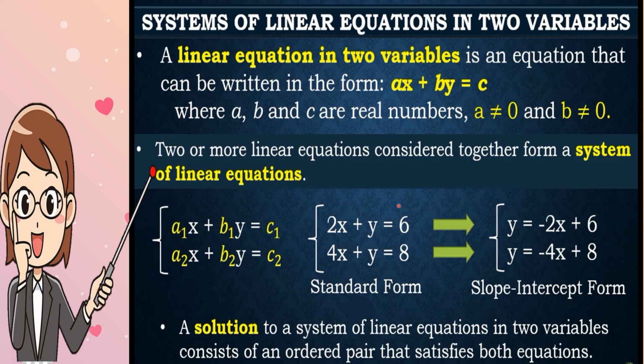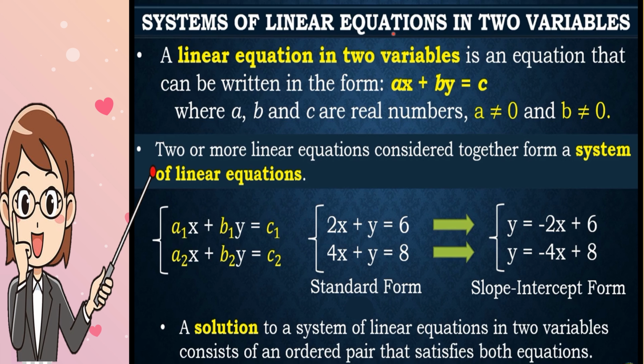So this is an example of standard form. It can be written ax plus by is equal to c. And this is an example of slope-intercept form. It can be written y is equal to mx plus b.